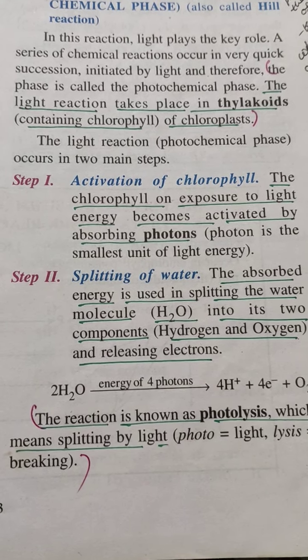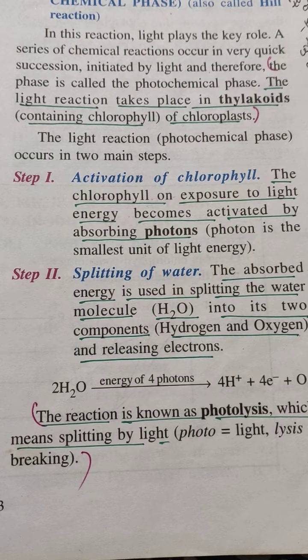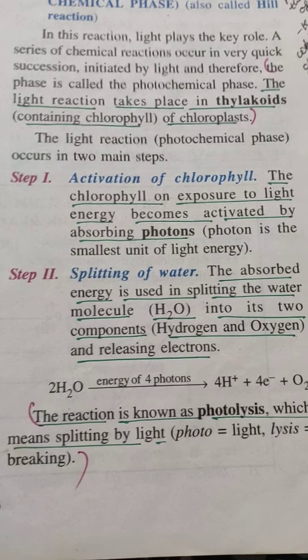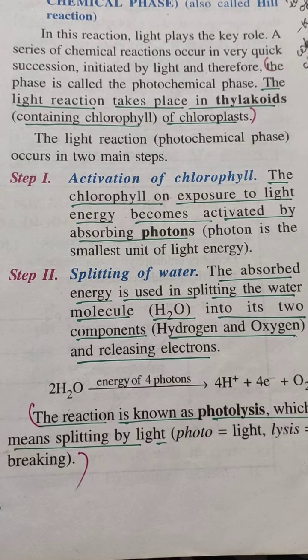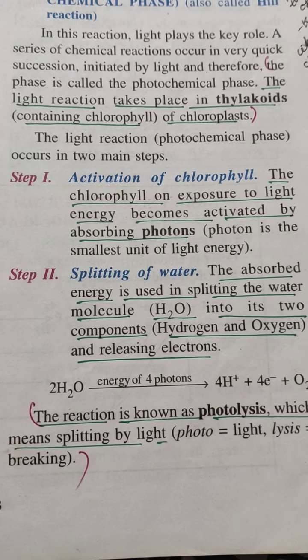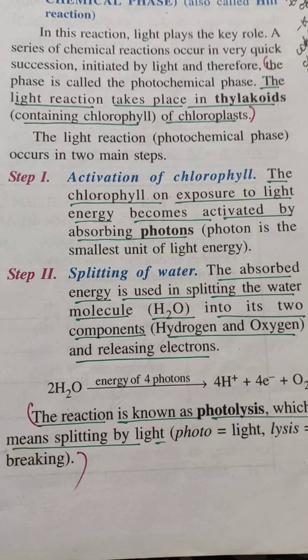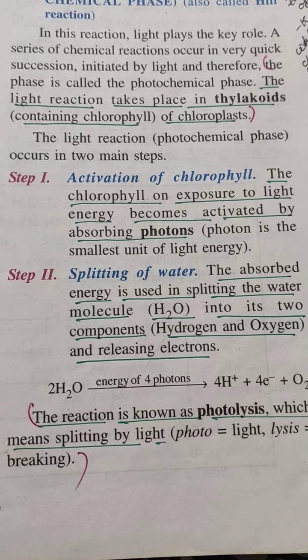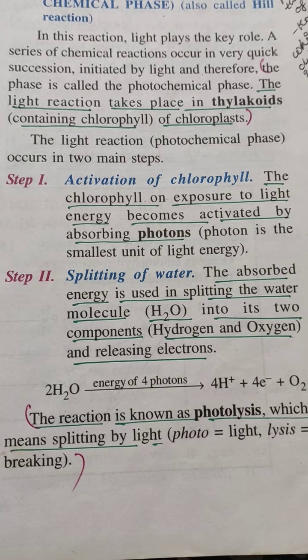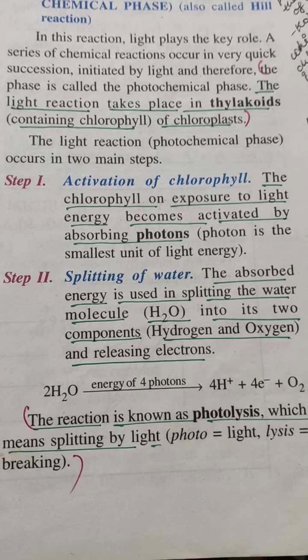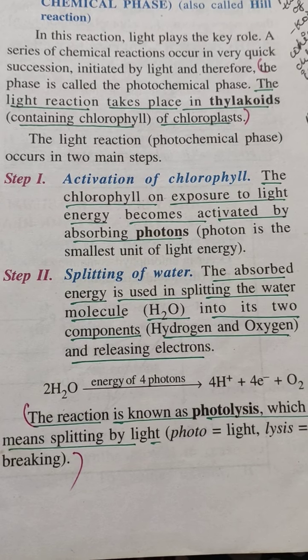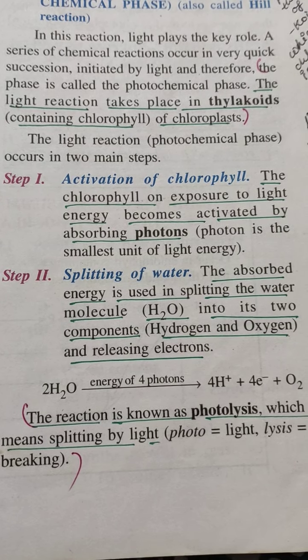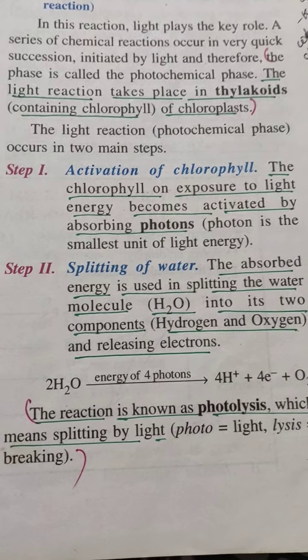You have to always give this equation along with this explanation: 2H2O, with the help of the energy of 4 photons, gives out 4H+ plus 4e- plus O2, that is the oxygen molecule. That means it is not nascent oxygen and it is not atomic oxygen.